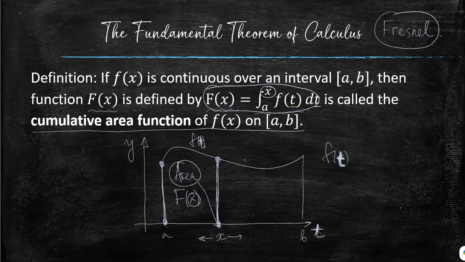And moreover, it's also a differentiable function, meaning the area changes in a nice, smooth way. And the question now is, well, if it's differentiable, what is the derivative of this function?